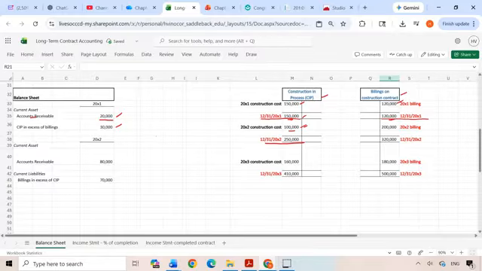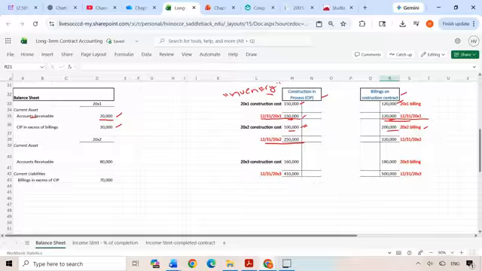Remember, this is a balance sheet account, and it acts like an inventory account for us. On the flip side, for the billings on construction contract, our 12/31 X1 balance was $120,000. We billed another $200,000, so our ending billings on construction contract is $320,000.